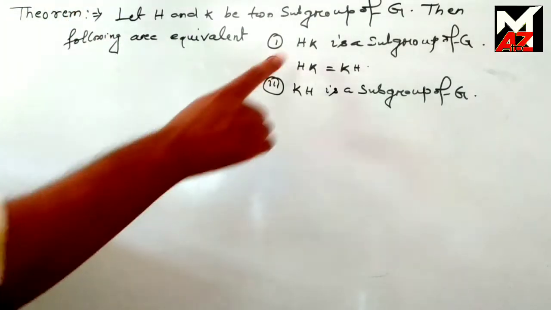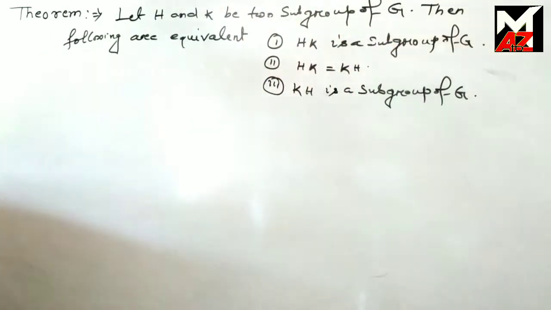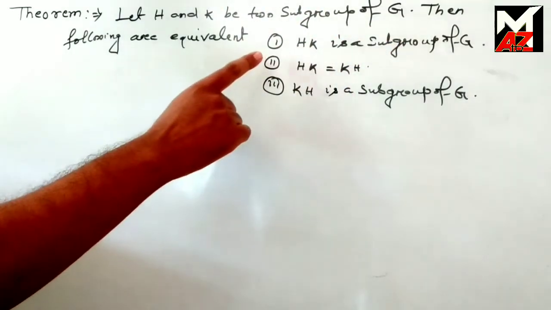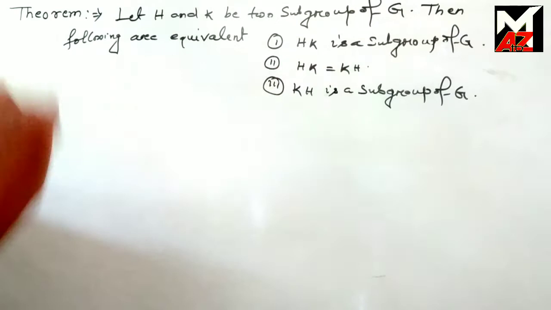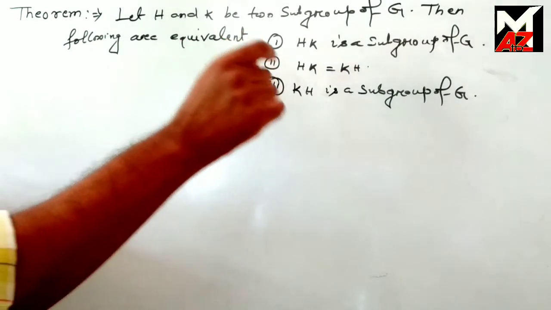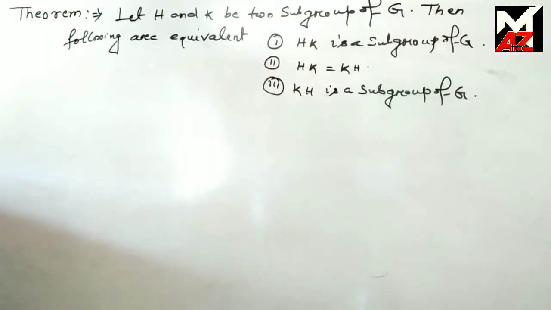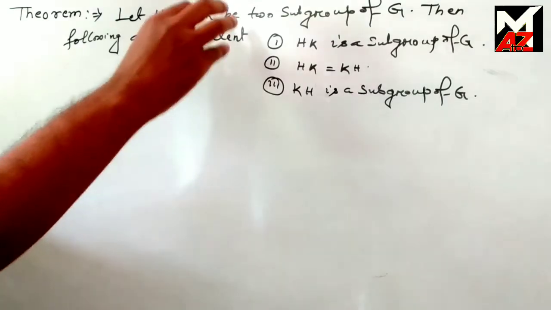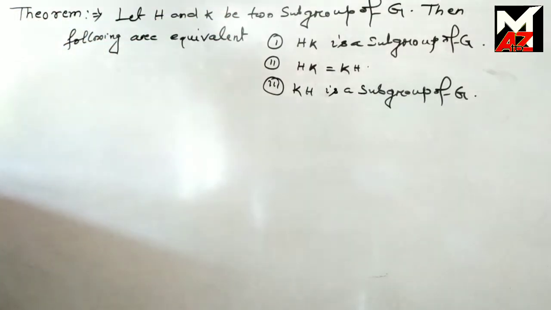First, HK is a subgroup of G. Second, HK is equal to KH, and the last is KH is a subgroup of G. These three conditions are equivalent.